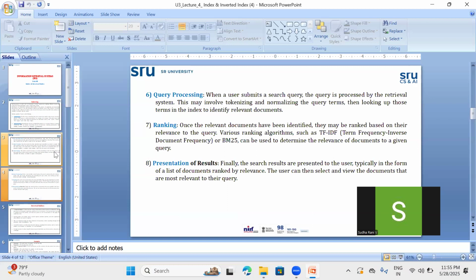For example, let's take one live example.